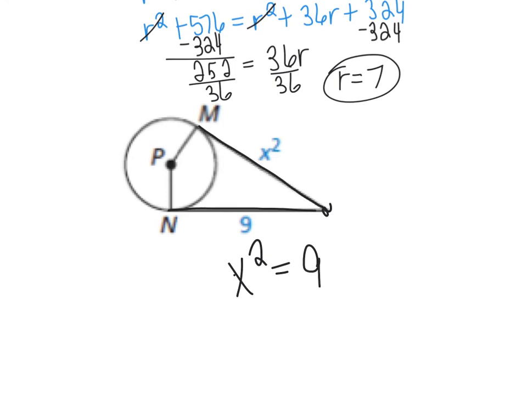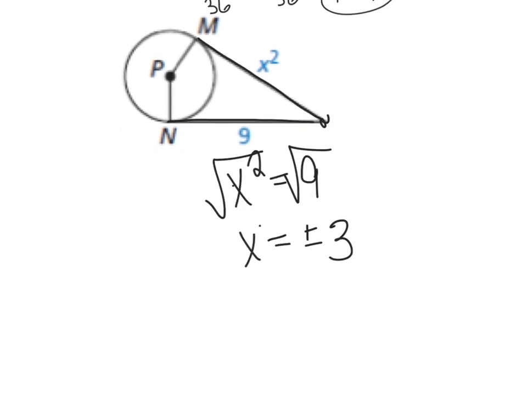However, you have to be a little bit careful when you solve this, because when you take the square root of both sides, think back to Algebra 1, x could be positive 3 or negative 3, which means you'd have plus or minus 3. So there's actually two possibilities. X could either equal 3 or x could equal negative 3, because when you square negative 3 times negative 3 it is positive 9.